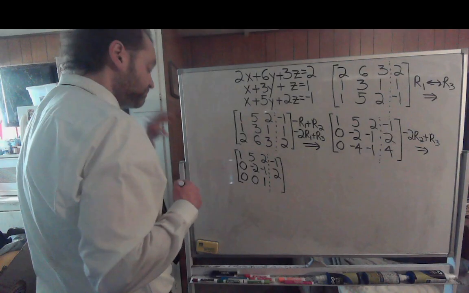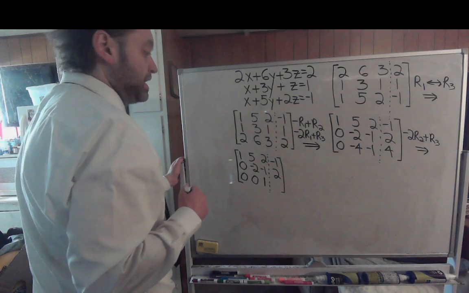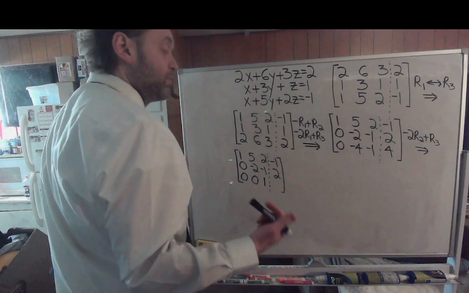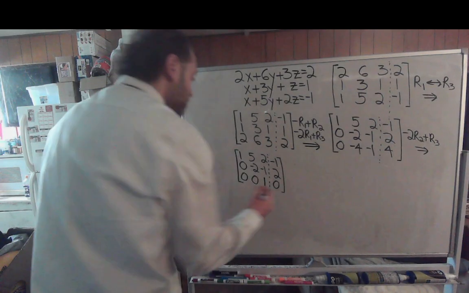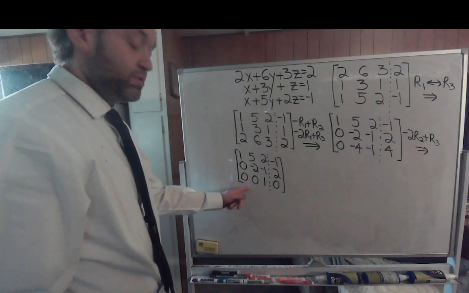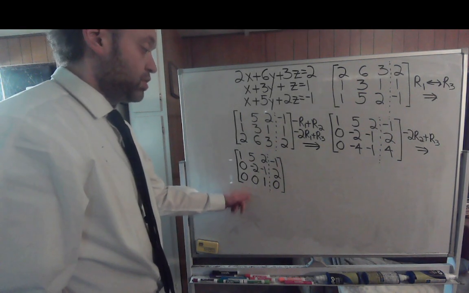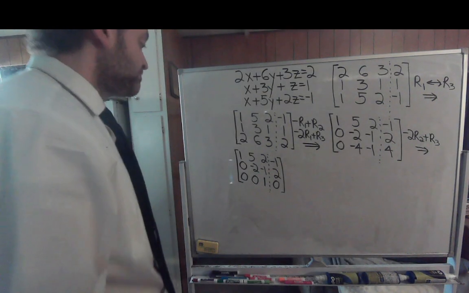And then we have, let's see, -2 times +2 is -4, plus that 4 is 0. Well, we got row 3 where it needs to be now. The first two digits of row 3 are a 0, and you have a leading 1. So we're done dealing with row 3.